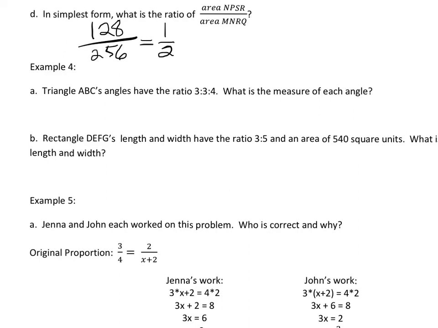Moving on to example 4. Triangle ABC's angles have the ratio 3 to 3 to 4. So what's the measure of each angle? A picture always helps. So if we draw a picture of some random triangle ABC, it's saying that these angle measures have the ratio 3 to 3 to 4.